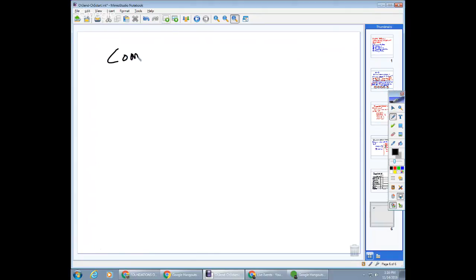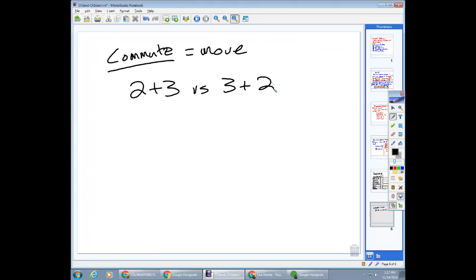So off to the side here, a little illustration. To commute means to move. 2 plus 3 versus 3 plus 2, they both lead to 5, right? You can move the numbers and it doesn't change the result.